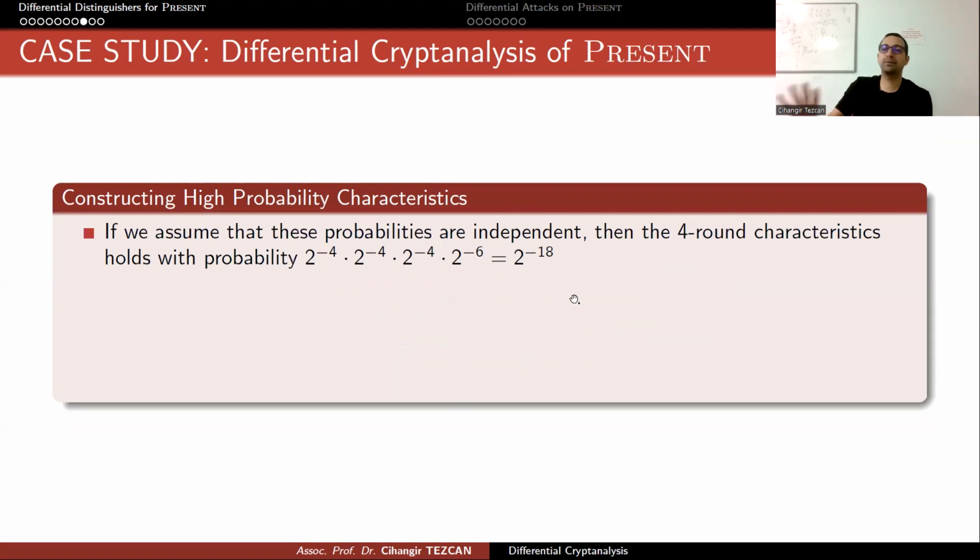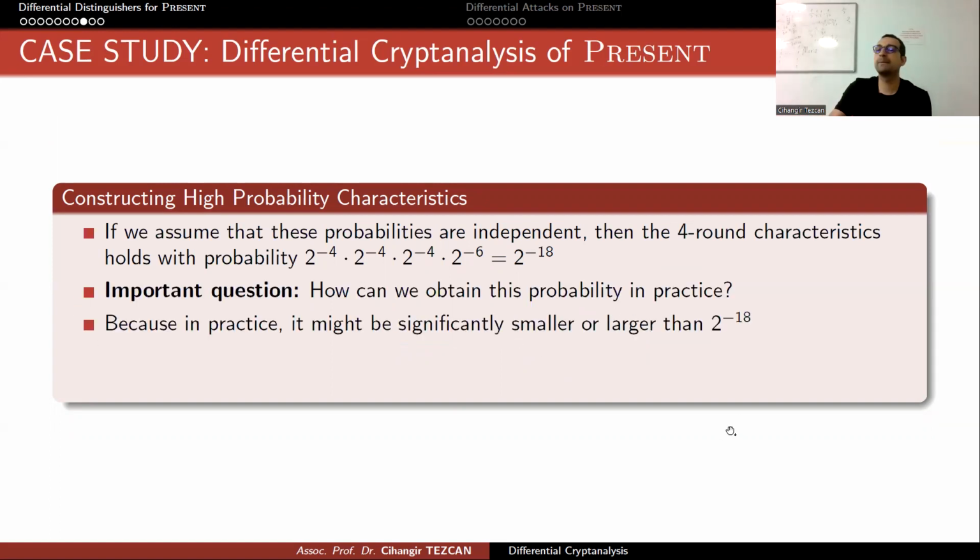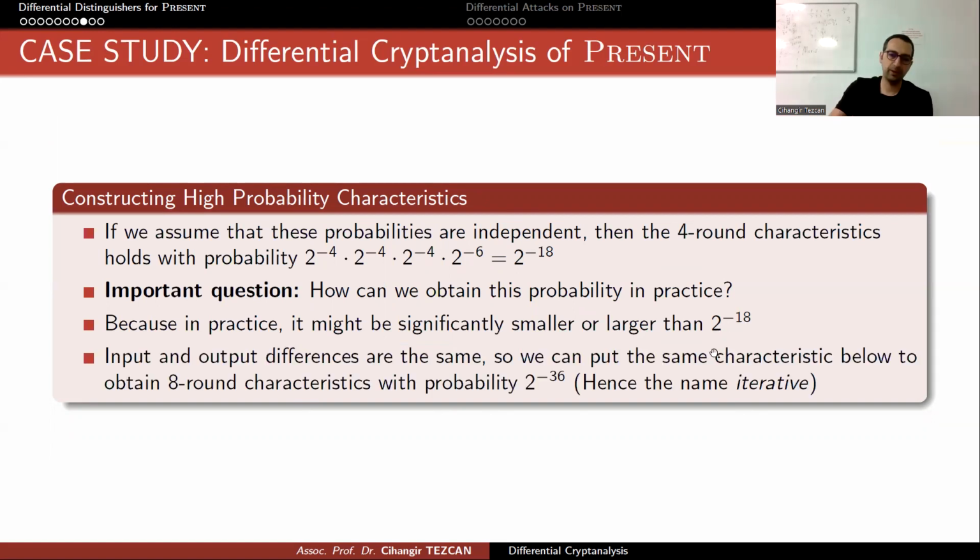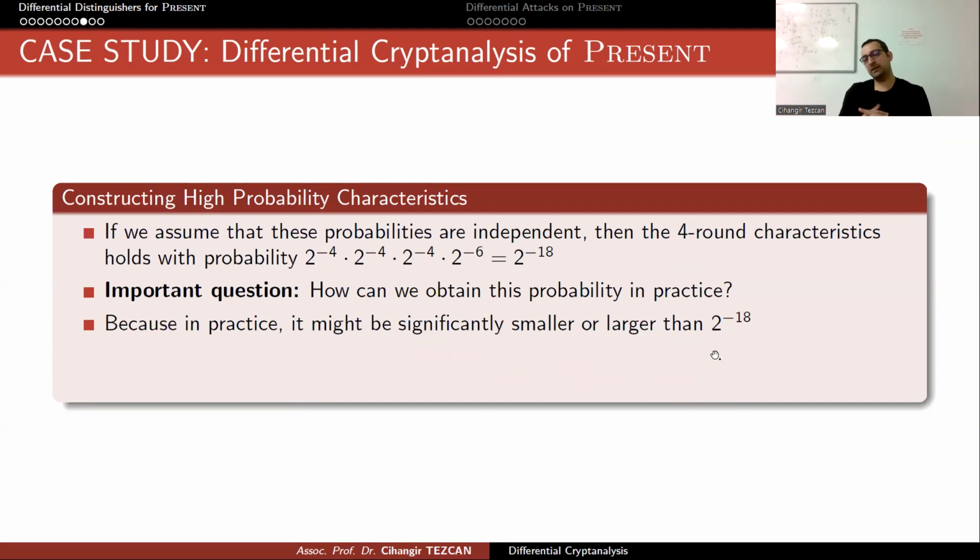But since we don't have the computational power to traverse all by hand or by computer, what we can do is perform an experiment and observe if it is higher or smaller than this. This is really important because in many cryptanalysis results, we obtain a lot of results theoretically, and most of the time people don't verify them in practice because it requires a lot of computational power, memory and data.